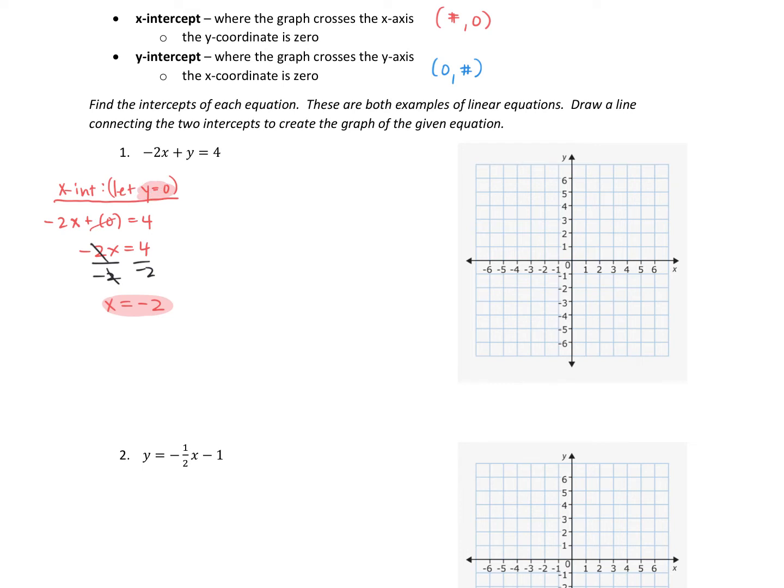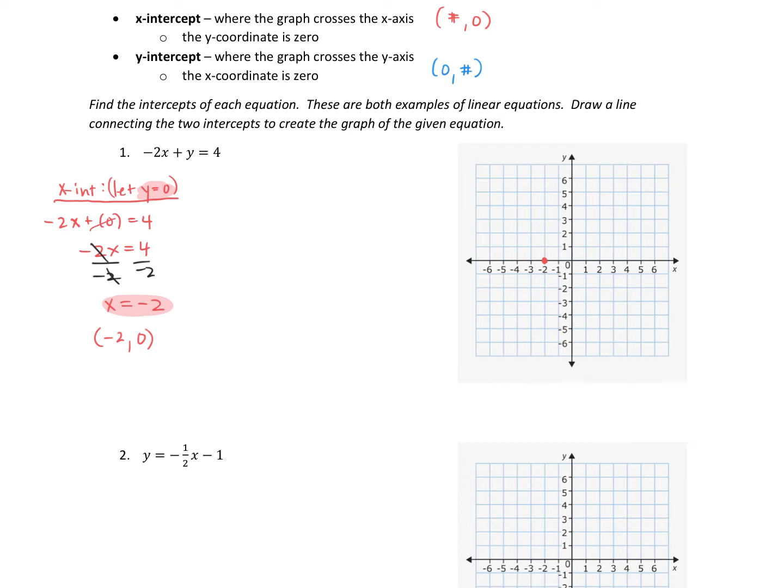And there they are. So x is negative 2, y is 0. There is my ordered pair. Negative 2, so 2 to the left, and then up 0. So my red dot there on the graph on the x-axis is my x-intercept.